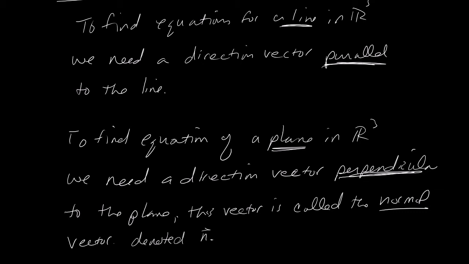The normal vector. Okay, so how we're going to come up with this equation is by using the property of the dot product that says if two vectors are perpendicular to one another, then their dot product is equal to 0.